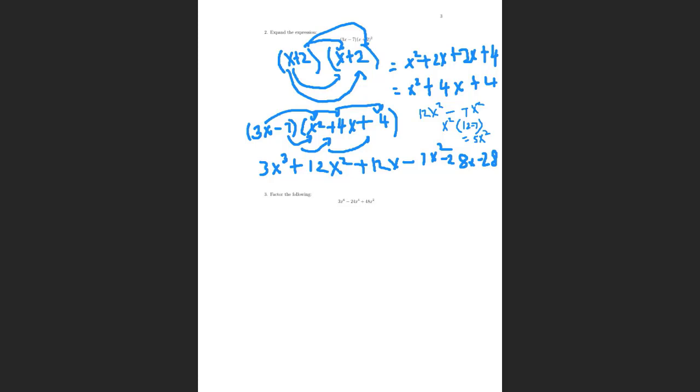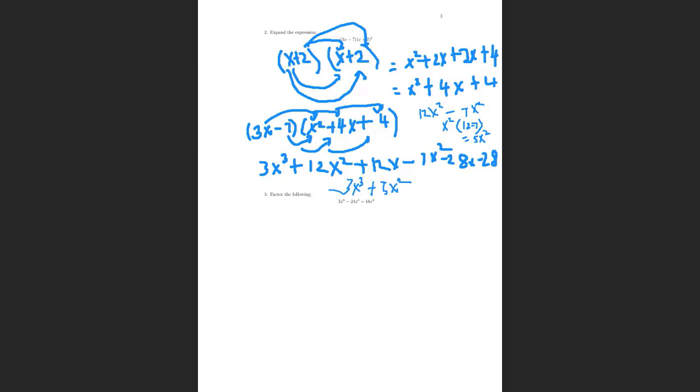So if you don't believe it, that's a way you can actually see that it's true. So we had 3x cubed, and then we have plus 5x squared. And then 12x minus 28x, so let's do 12 minus 28, which is minus 16.